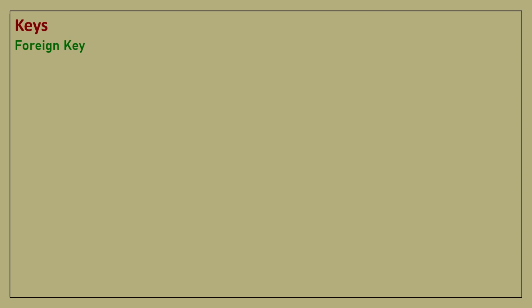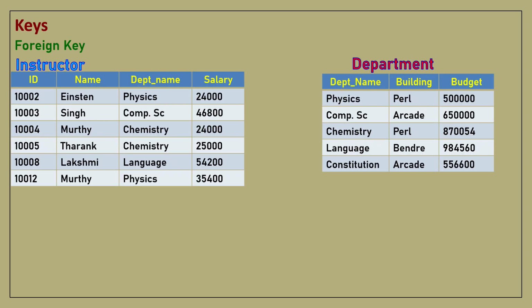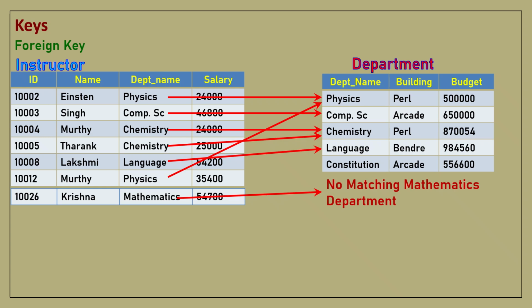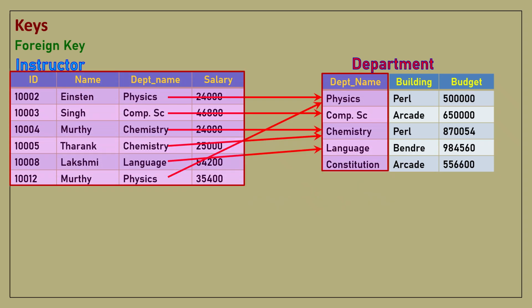Foreign key. Consider the instructor and department. Each instructor will be working under a department of the institution. What happens if an instructor exists with a department name that does not exist in the institution? That does not give meaning. Therefore, we need to restrict instructors by department name that is listed in the department table.